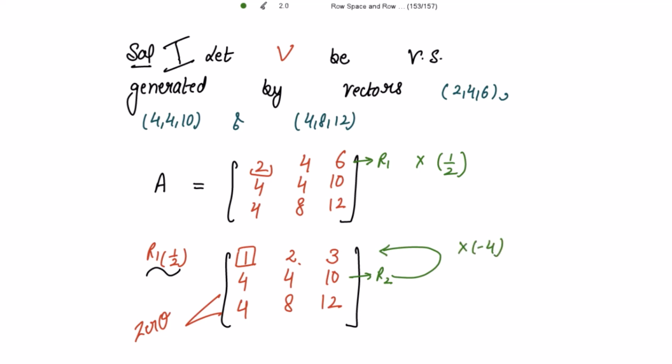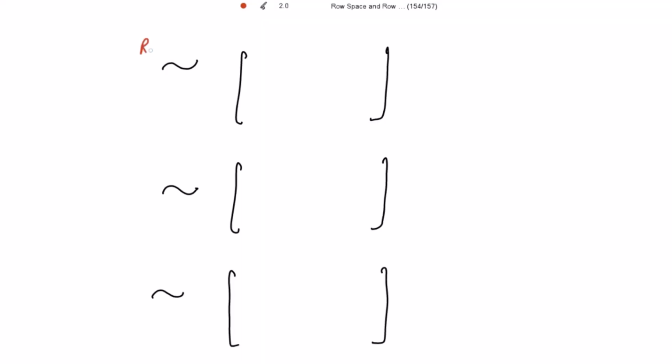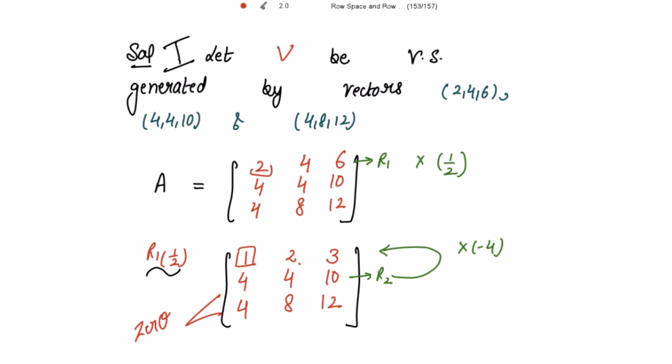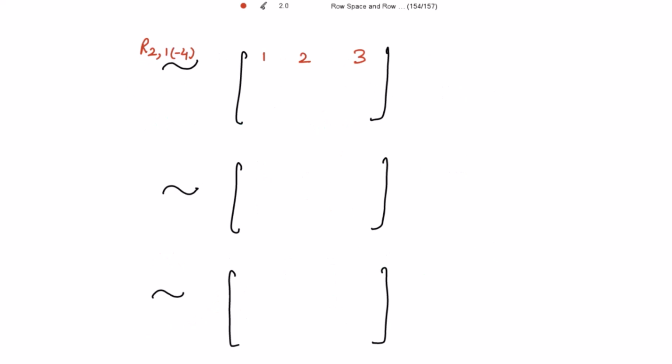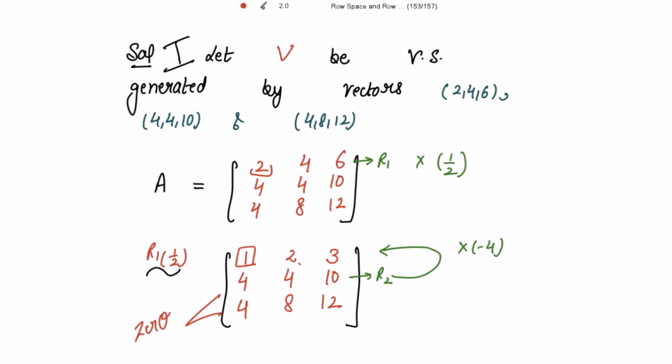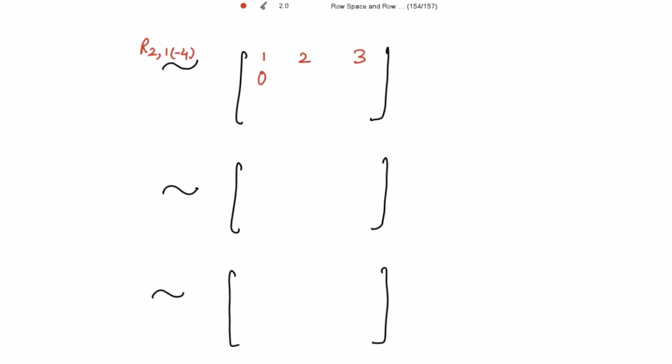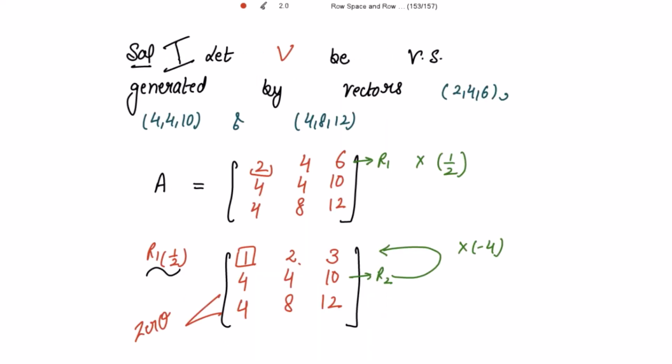So writing the row operation for row 2, and writing the first row as it is because we are going to change the second row. 1 is multiplied with minus 4, we get minus 4, and adding this to 4 we get 0. 2 is multiplied with minus 4, we get minus 8, and adding this to 4 we get minus 4. 3 is multiplied with minus 4, we get minus 12, and adding this to 10 we get minus 2.